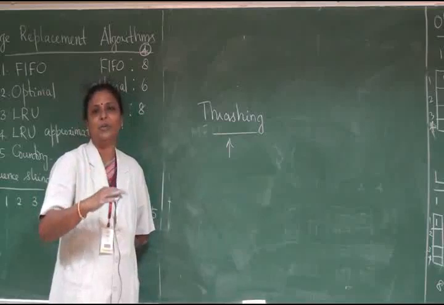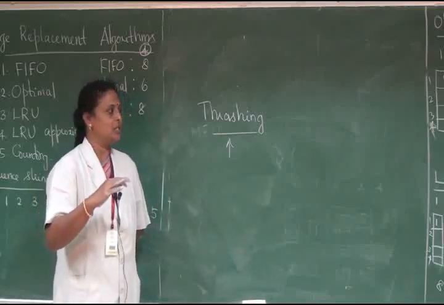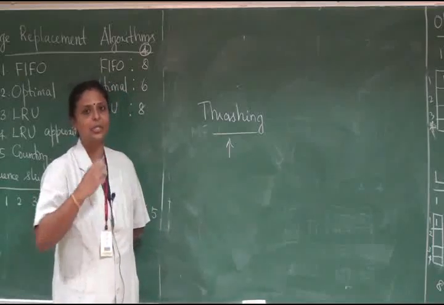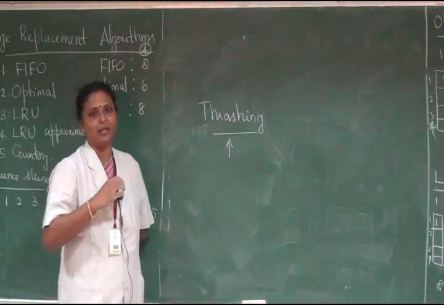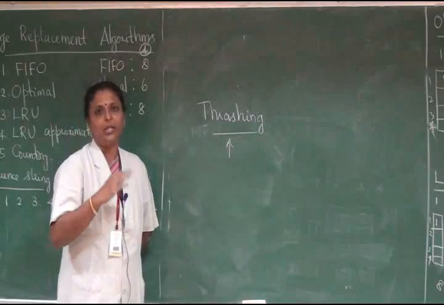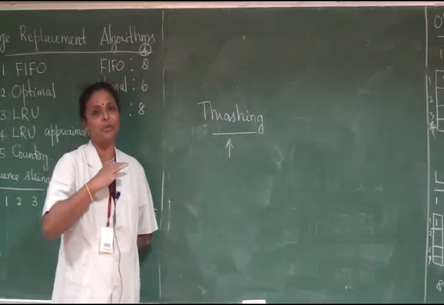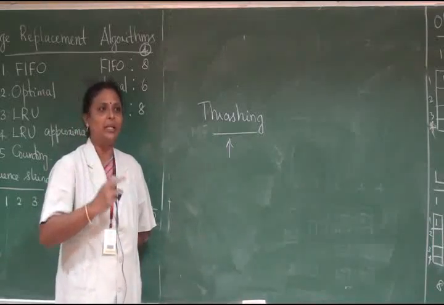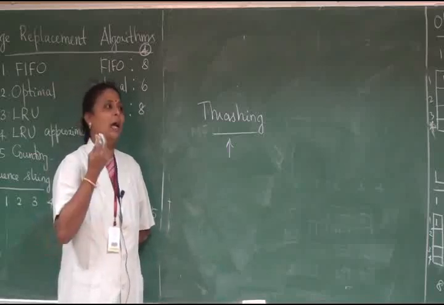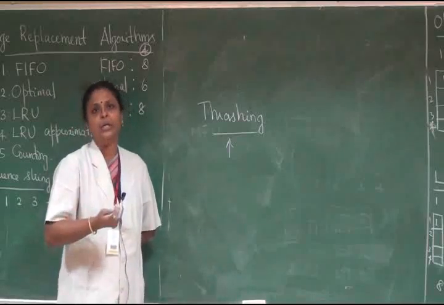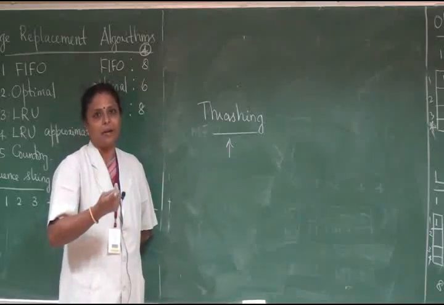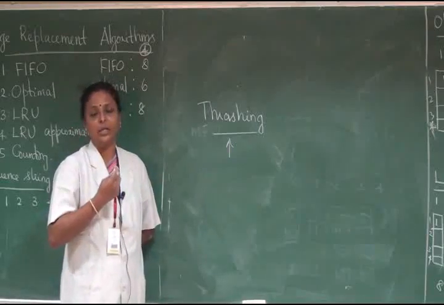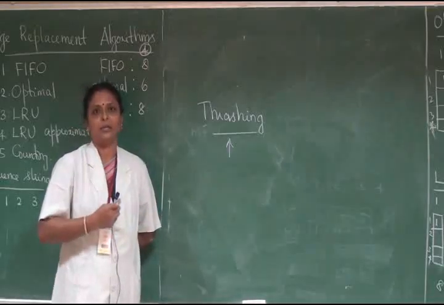We have to avoid the thrashing problem, and only then will the degree of multiprogramming also be maintained. Maintaining the performance of the system and the degree of multiprogramming is very important, and that can be done by the operating system.